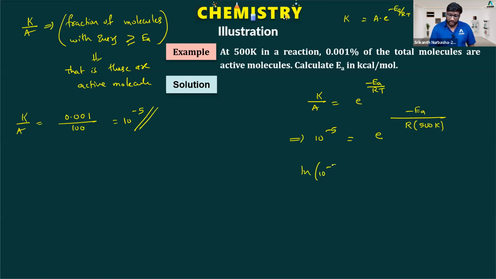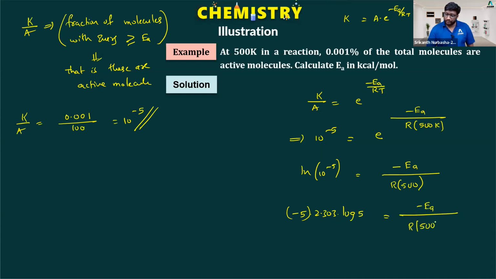ln of 10 power minus 5 is equal to minus Ea by R into 500. So minus 5 into 2.303 into log 10 is equal to minus Ea by R into 500. The minus signs cancel out. You can calculate the activation energy Ea in terms of kilocalories.